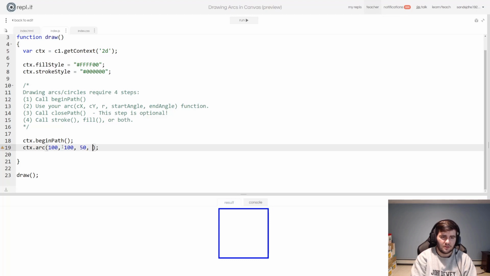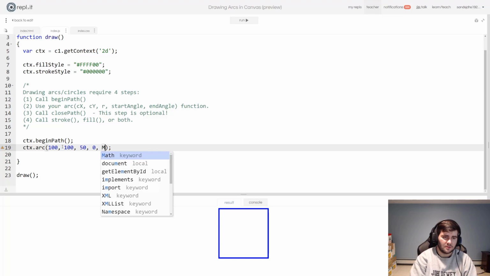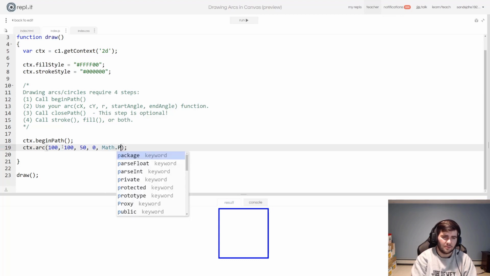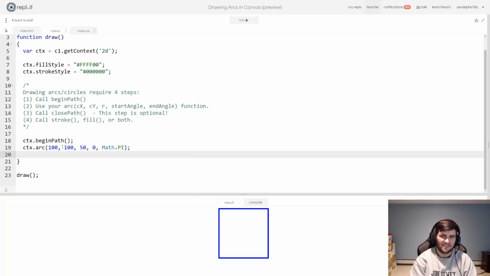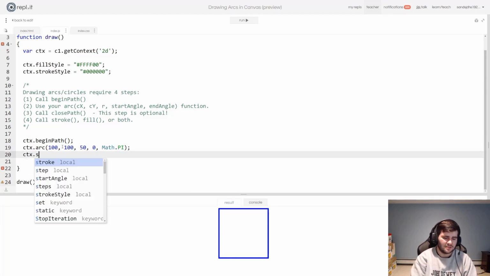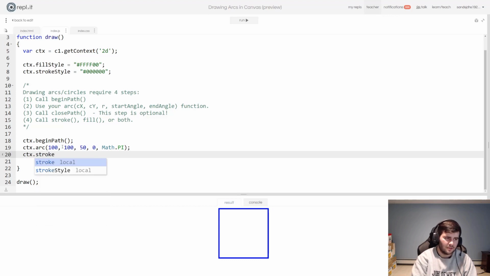I'm going to say go from 0 and then stop at Math.PI. Don't freak out. I promise this will make sense. I'm going to say ctx.stroke. I'm going to skip the closePath for now. We're going to actually throw that in a little bit. And now I'm just going to run it so you guys can see what it is that we get.